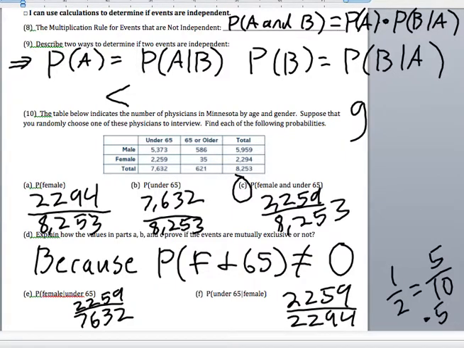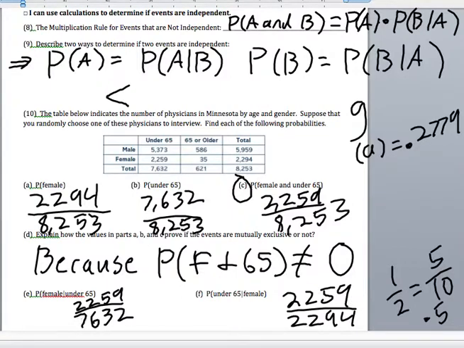So let's check. What's the chances that you're a female? Well, if we actually divide those, what we get is answer A is equivalent to 0.2779, or 28% chance that you're female.